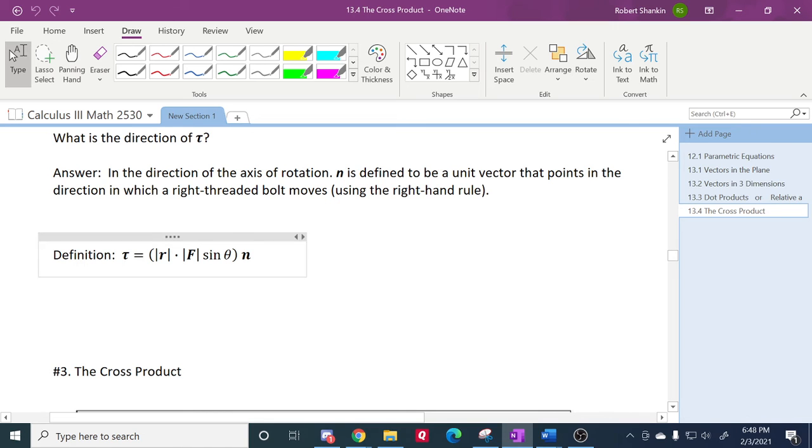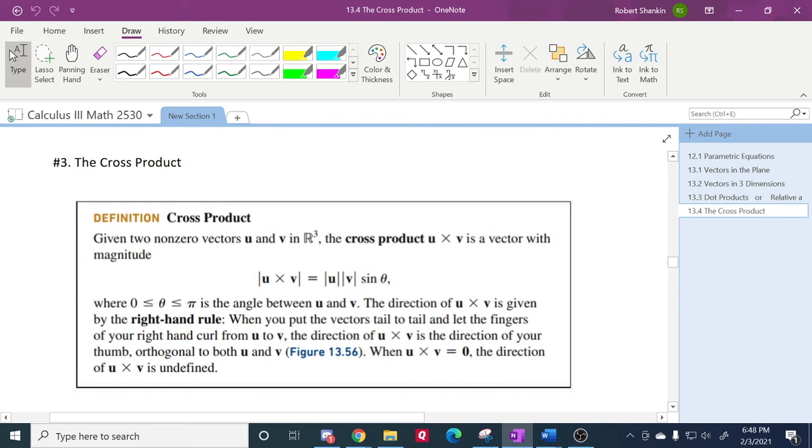All right. Now we've been working on tau and not the cross product, but really this is the setup for the cross product. This is directly from the textbook. Definition of the cross product: given two non-zero vectors, u and v, in 3-space, the cross product u cross v is a vector with this magnitude.